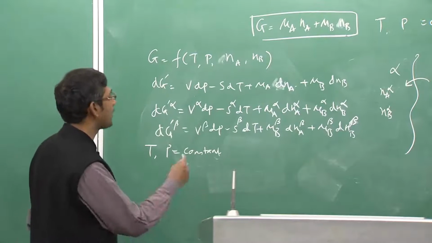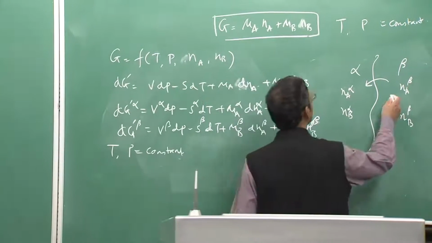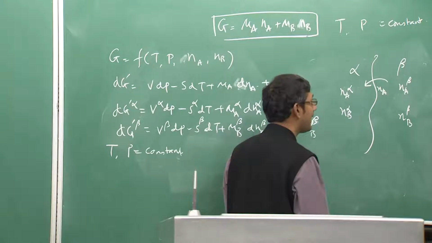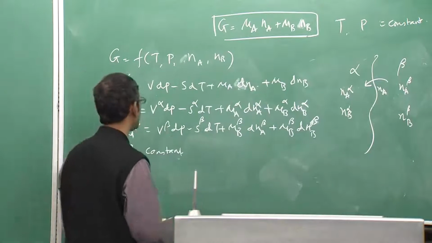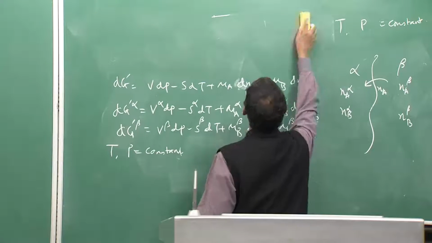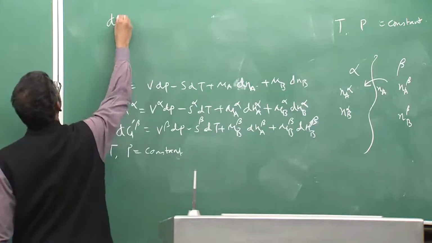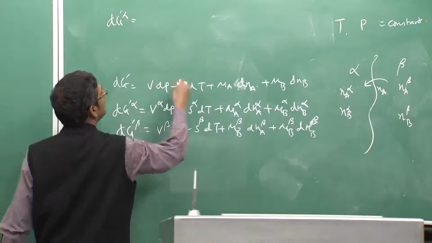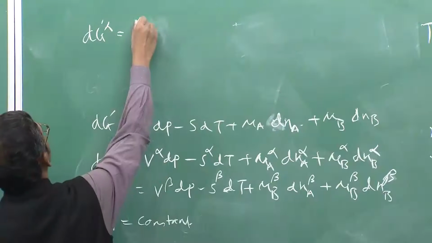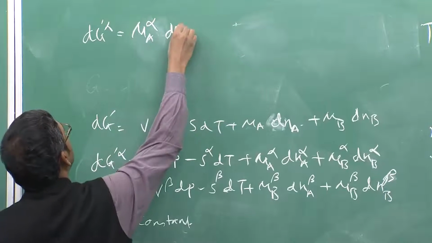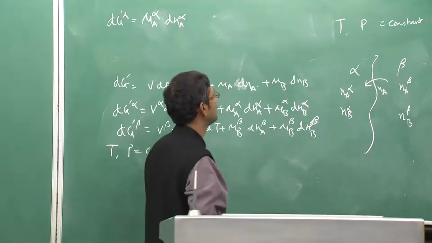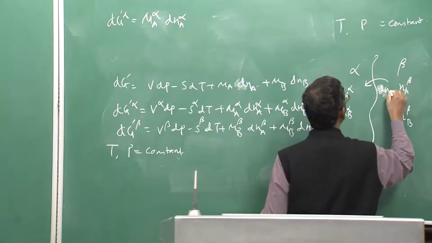So let us now do this calculation. Suppose there is a transport of dNA moles of A from beta to alpha, what will be the change of free energy? The change of free energy for alpha will be mu A alpha dNA alpha, because dNA number of molecules are changing, it has to be dNA, otherwise you will be confused.